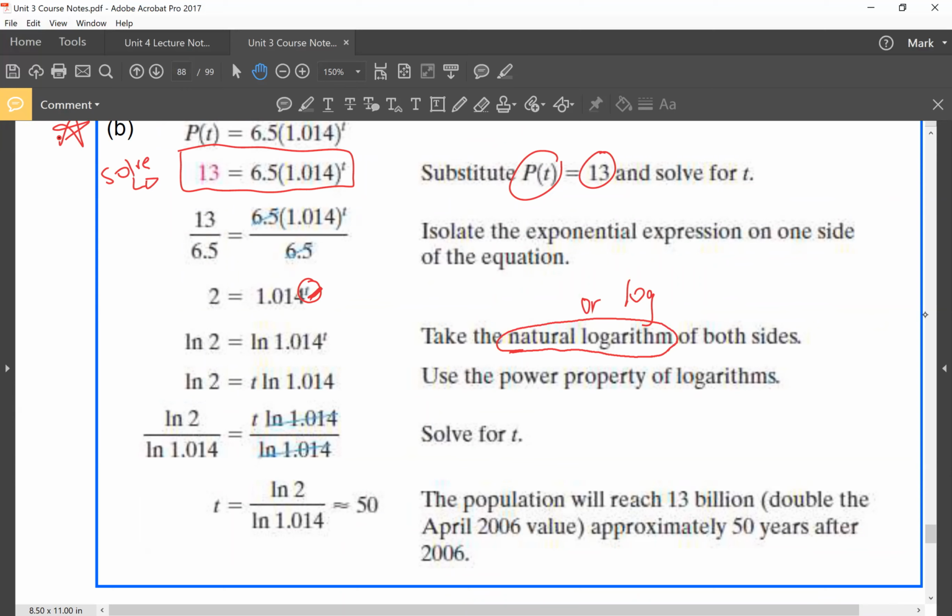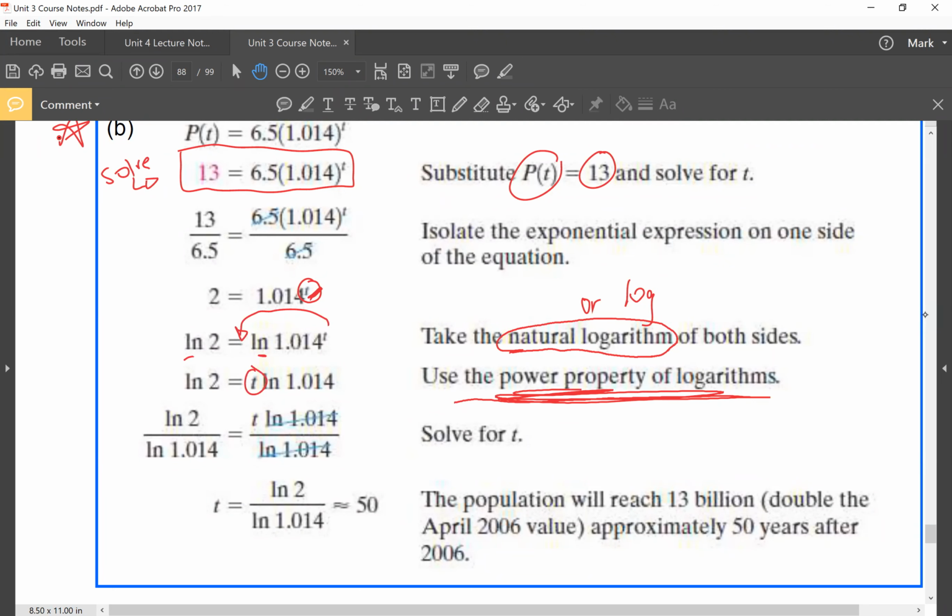I'm a log person, to be honest. When we do this in chemistry, we typically just use log. The book here uses the natural logarithm, and the power property of logarithms says that because we're taking the logarithm of these numbers, I can move the t in front. And then I just solve for t.